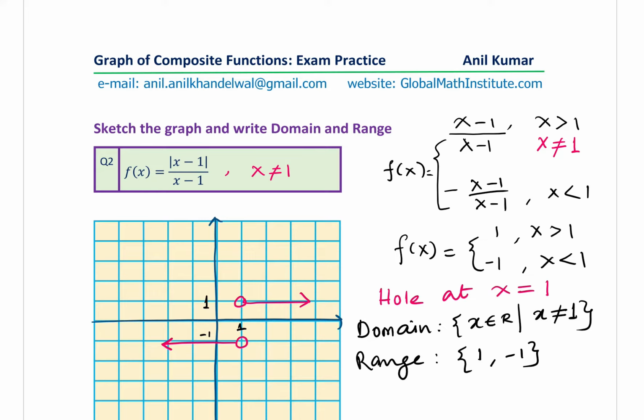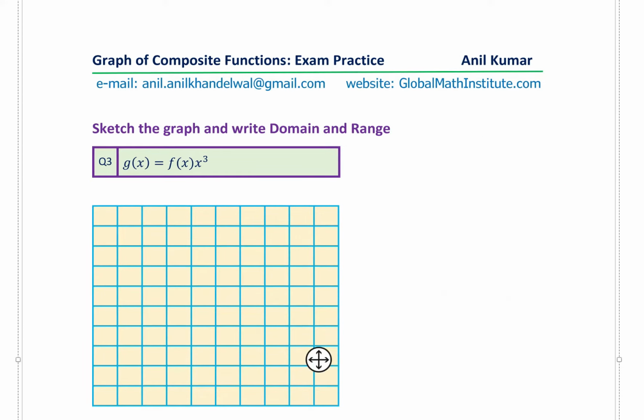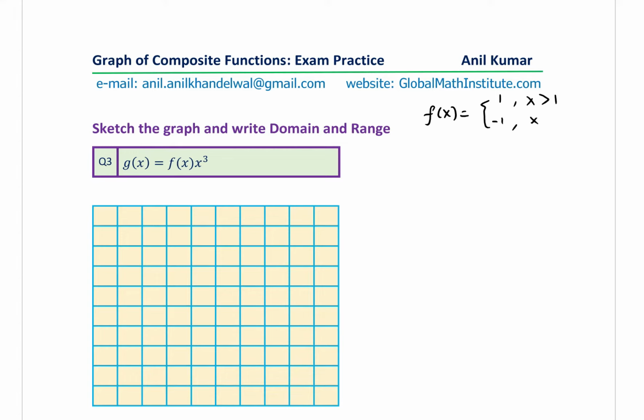Clear? Now let's take the next example, where we're combining functions. Let's write down f of x here, since that was defined as equal to 1 or minus 1: 1 for the value when x is greater than 1 and minus 1 when x is less than 1. So definitely f of x is not defined for x equals 1.